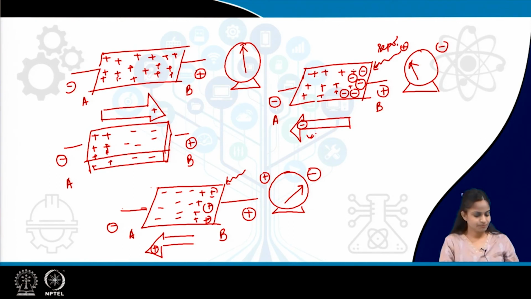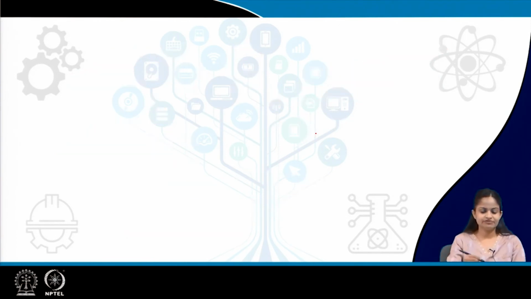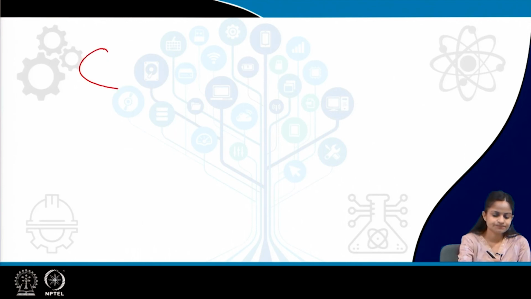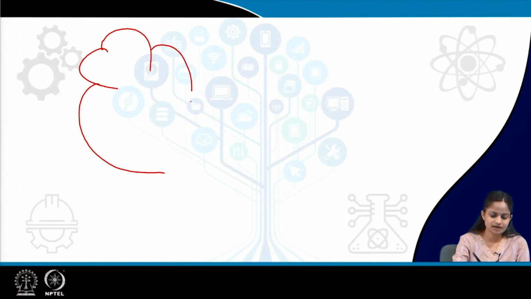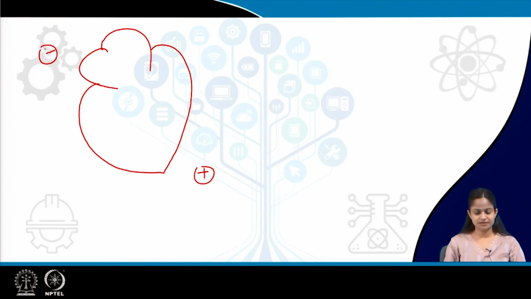Now, with these basic principles, if we study the electrical impulse conduction in a heart, this is a positive terminal, this is the negative terminal. This positive terminal I have attached, suppose, to the left foot.